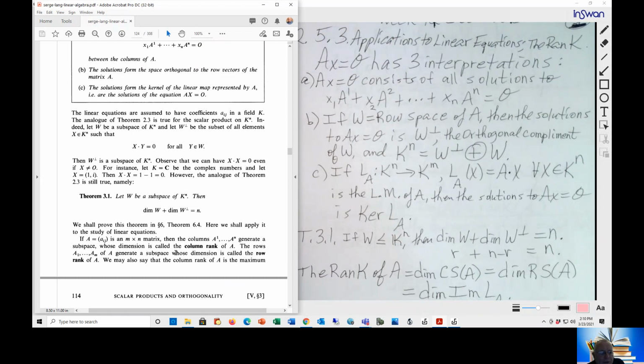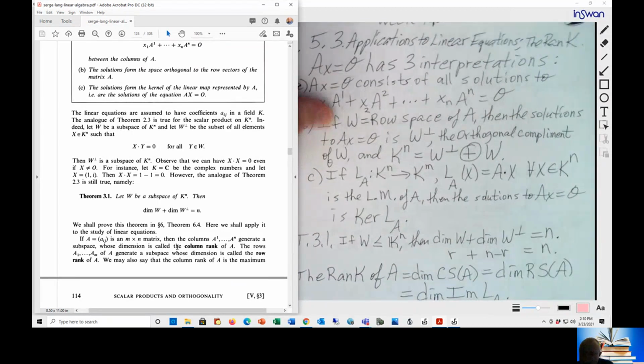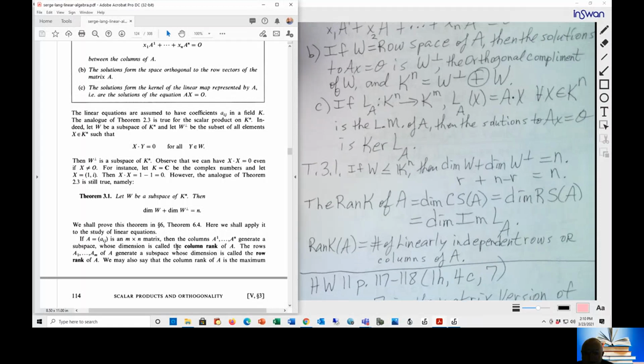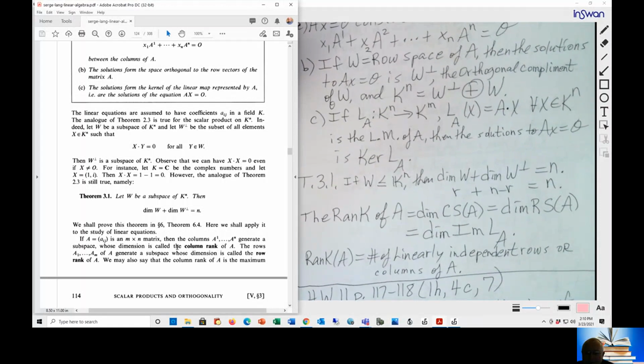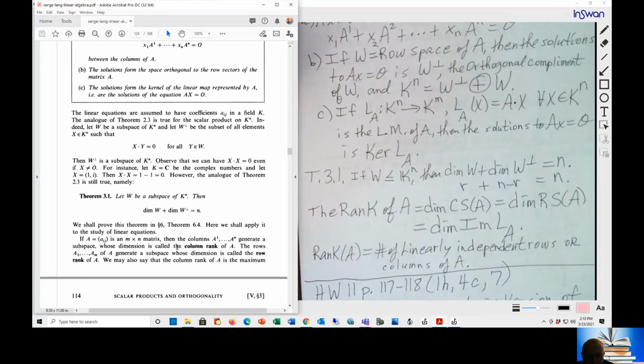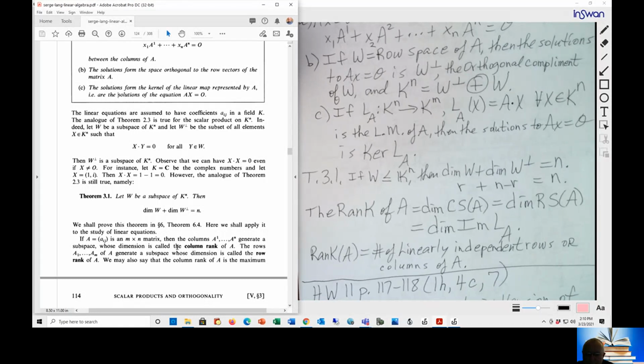But here again, we're simply applying the very same theorem that we've already seen several times, where you have the dimension theorem, and it turns out that the rank of a matrix A is equal to two things: the dimension of the column space of A, and it's equal to the dimension of the row space of A. Now remember, the row space is a subspace of Kn, the column space is a subspace of Km, but they have the same dimension.